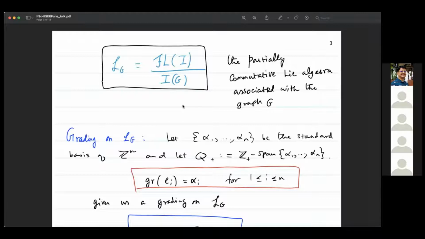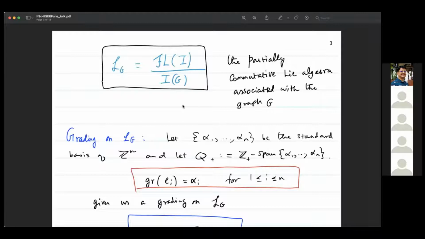If you start from the monoid, you can associate a partially commutative monoid, which is called the Cartier-Foata monoid in the literature. You can also associate a partially commutative associative algebra: take the associative algebra freely generated by these variables e_i and go modulo the same relations.